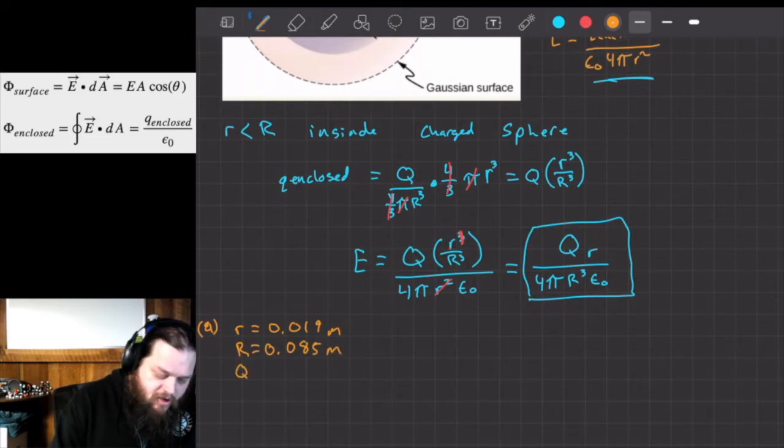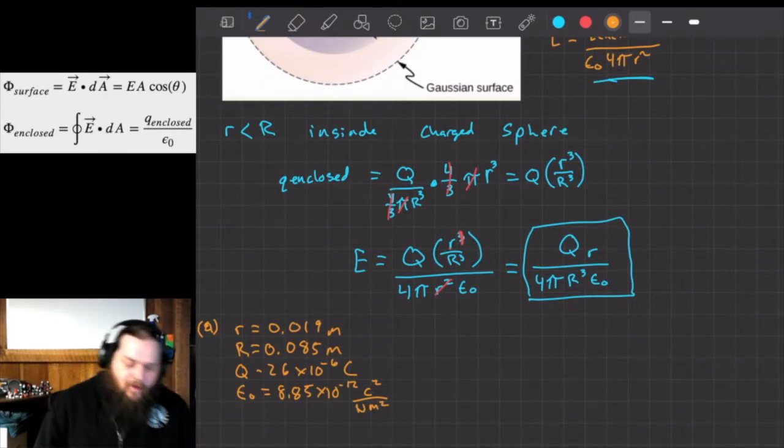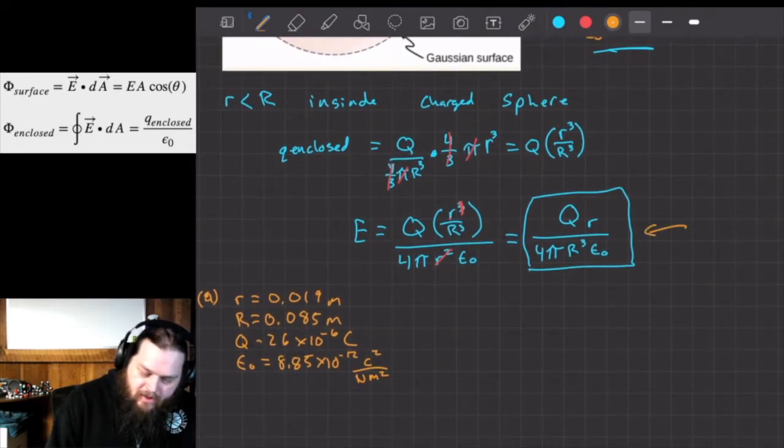The total charge was negative 26 times 10 to the negative 6 coulombs. And still epsilon naught is equal to 8.85 times 10 to the negative 12 coulomb squared over Newton meter squared. So I just put all my variables in there, and now we have everything we need to solve this.